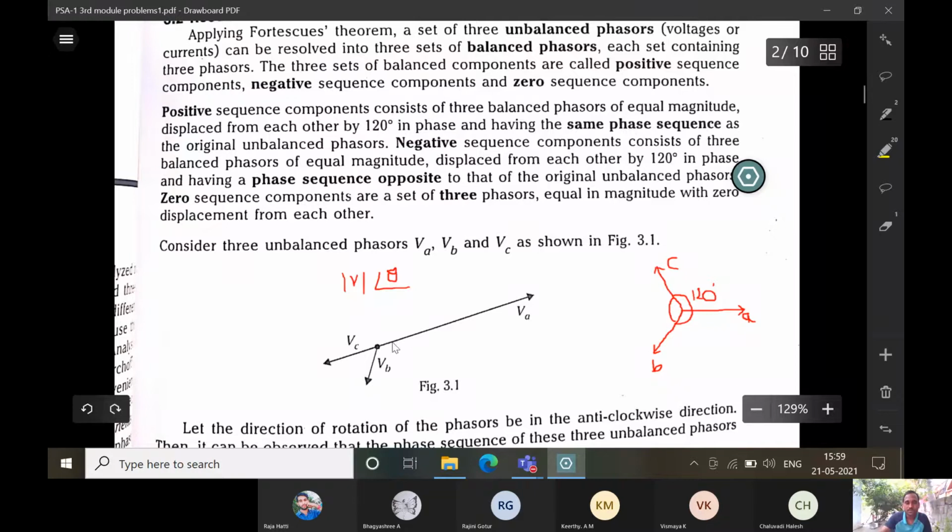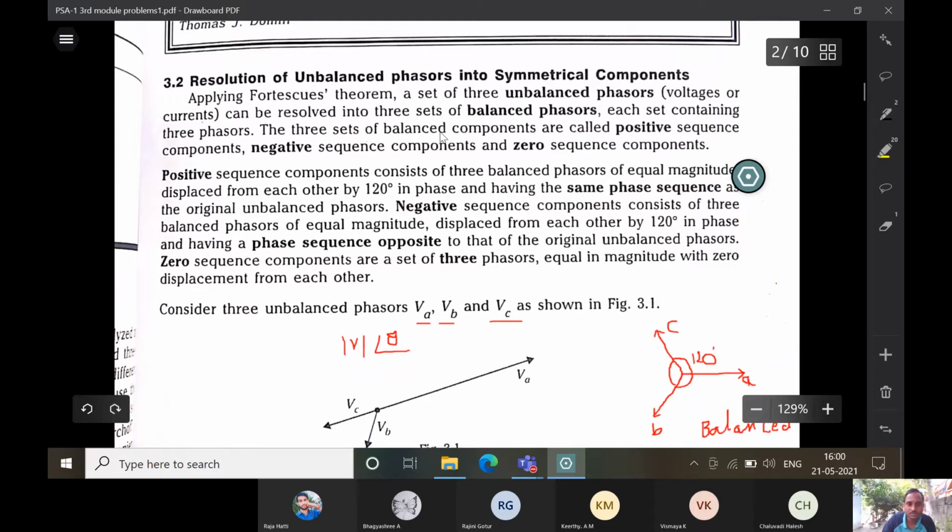This is called the unbalanced phasor, VA, VB and VC, as shown here. This is the balanced phasor. Any balanced supply with equal magnitudes and 120 degrees apart is called a balanced system.